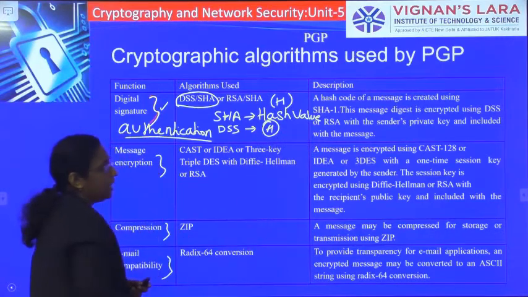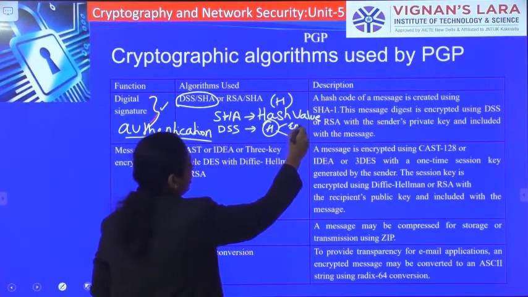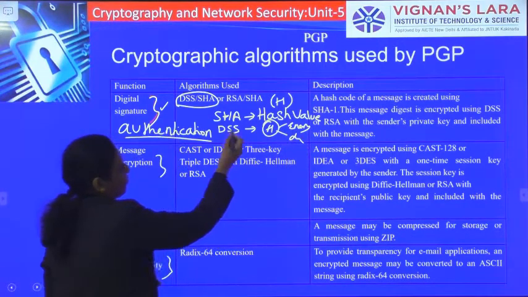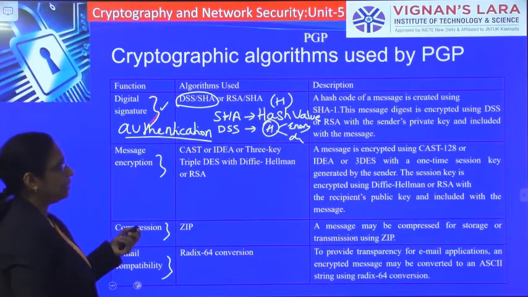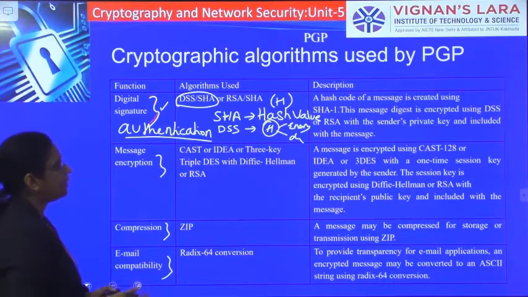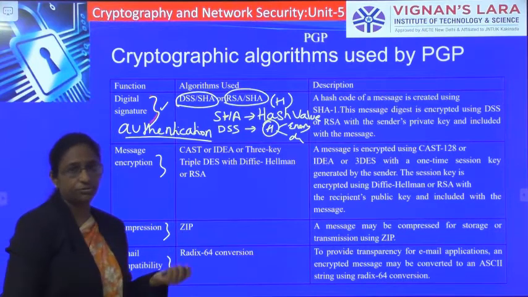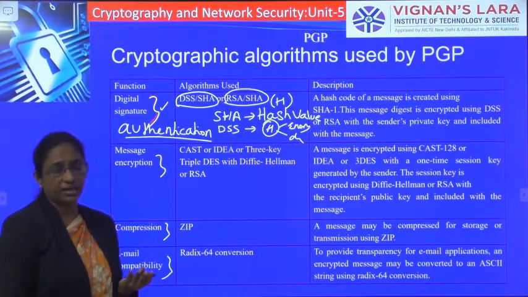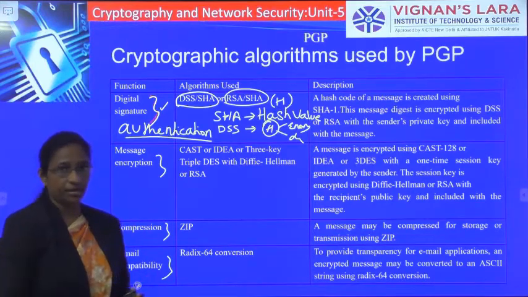So you can use either these two, or you can use RSA with SHA. Similarly, we will use the SHA algorithm for generating the hash value, and to make that hash value a signature, we can use the RSA algorithm.